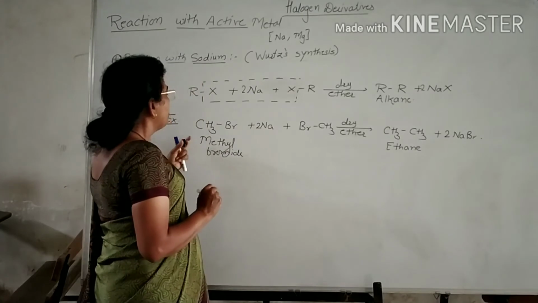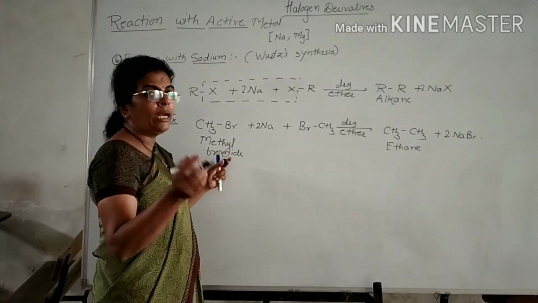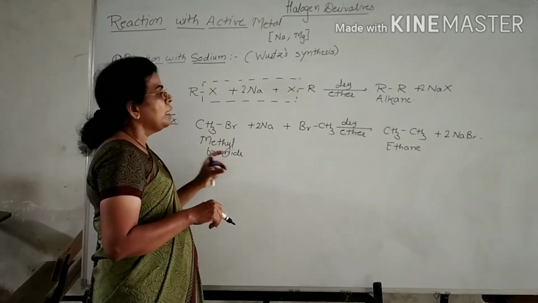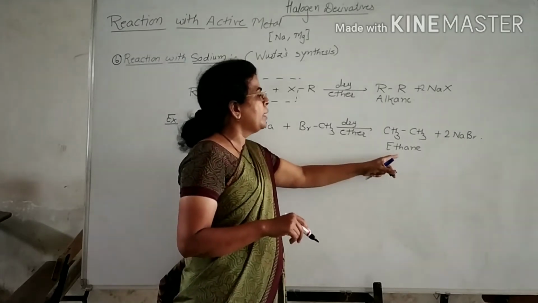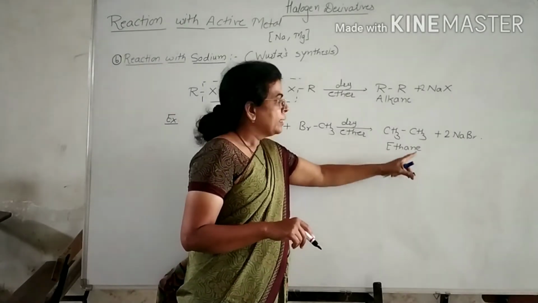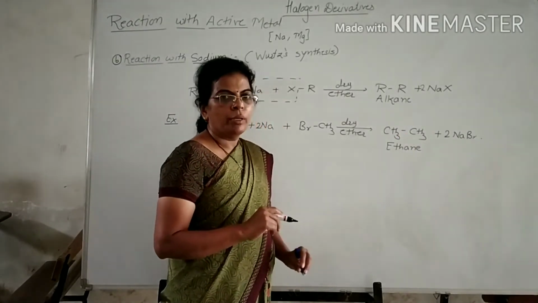That is, methyl bromide, an alkyl halide containing one carbon atom, is converted into two-carbon ethane, that is C2H6 is formed.